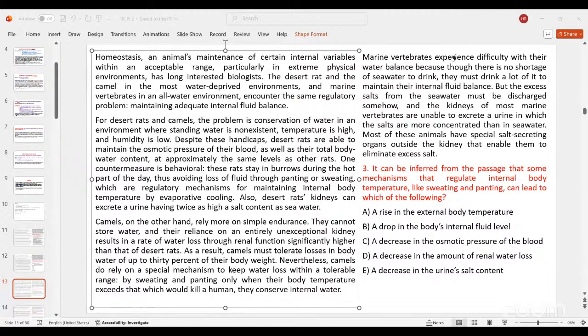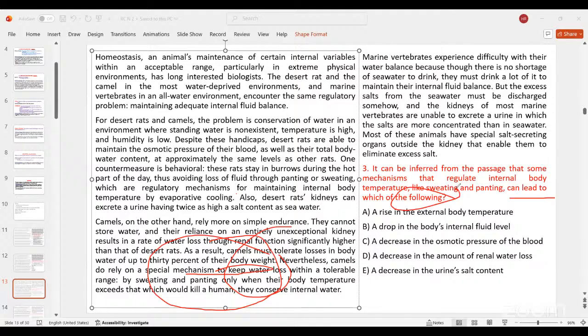Let me remind you what I have said, because I'll show you one more inference question. In an inference question, do believe in the word, but check the related information. When it is sweating and panting, camels rely on a special mechanism, sweating and panting. What they do is maintain water loss, right? So it can lead to which of the following?